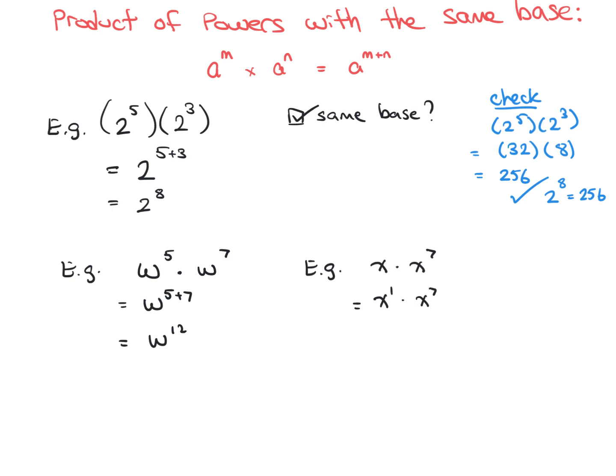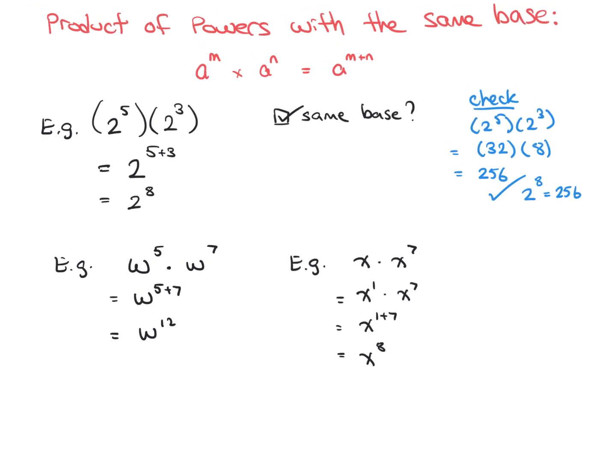When you have just a letter and you don't see any exponent, that's just one copy of itself, so the exponent is 1. Now, do they have the same base? Yes, the base is x, so I can simplify this by adding the exponents. 1 plus 7 makes 8. So the answer is x to the exponent of 8.